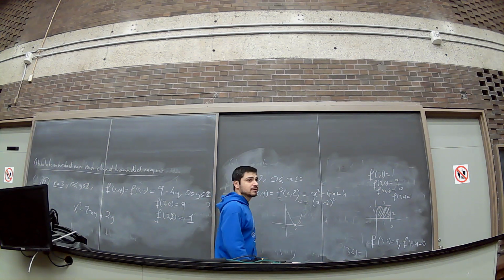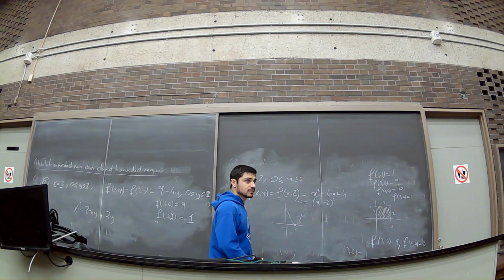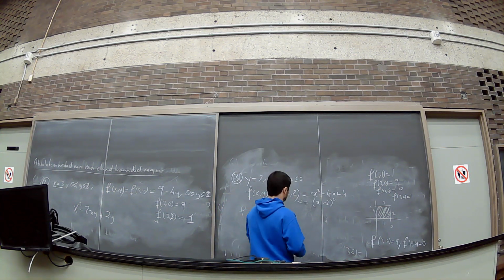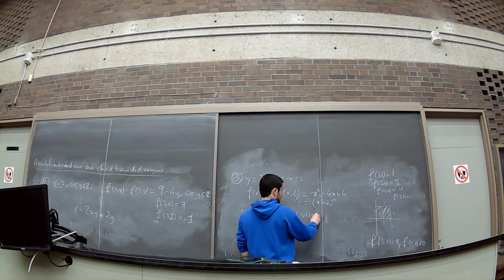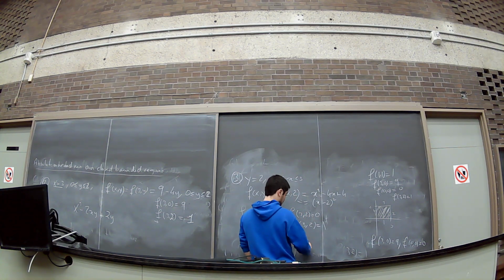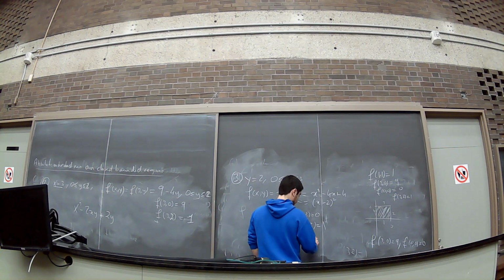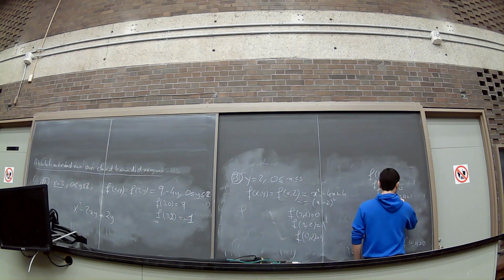And what is f(3,2)? So you can compute them all. The minimum on the interval is f(2,2) equals 0. Then f(3,2), which is 1, and f(0,2), which is 4.